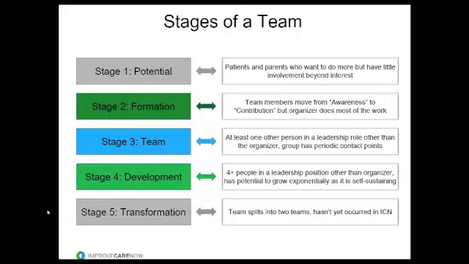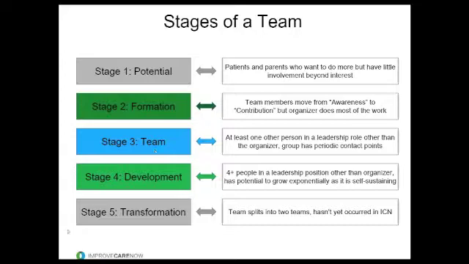Stage 3 is team. This is when at least one other person in the group is in a leadership role besides the organizer. The group also has periodic contact points, like maybe monthly calls, email, etc. Stage 4 is development. This is when 4 or more people are in a leadership position other than the organizer, and the team has the potential to grow exponentially because it is at that point self-sustaining.